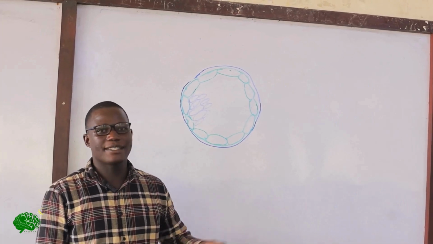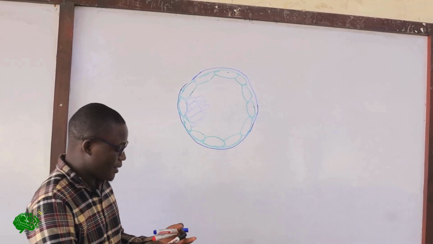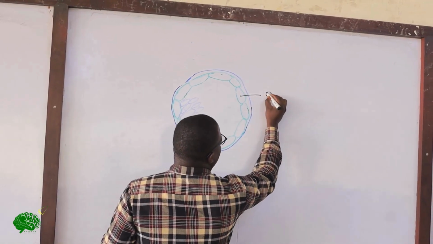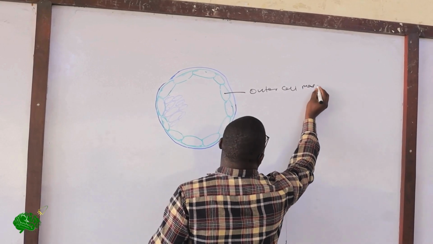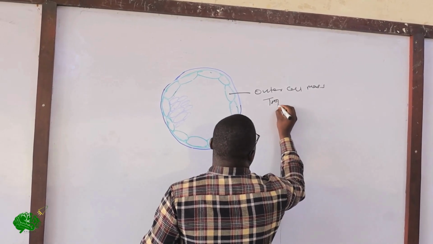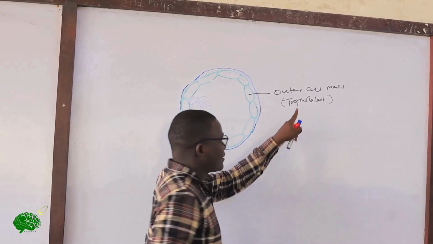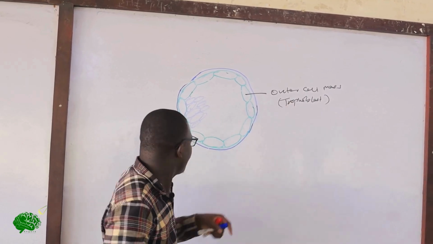Okay, we already looked at how cleavage and blastocyst formation occur. If I do an overview of the structure of the blastocyst, this is our outer cell mass, also known as the trophoblast. This is the component that results in the fetal component of the placenta.